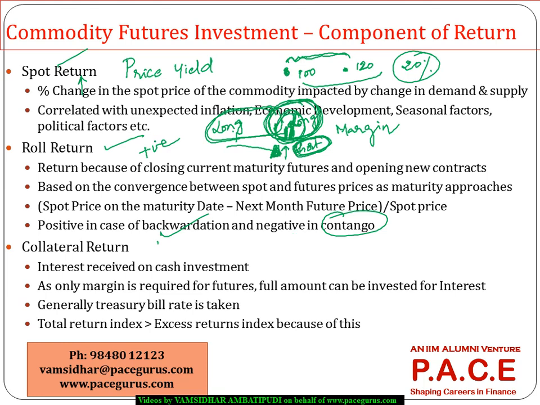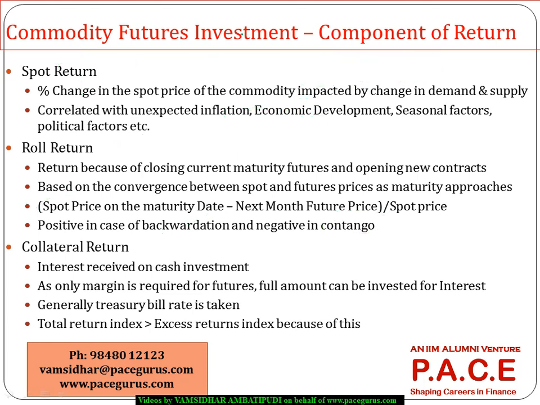The typical way I compute the rollover return is the spot price on the maturity date, meaning the spot price and futures price will be the same on the maturity date, minus the futures price for the nearest month, next futures contract.